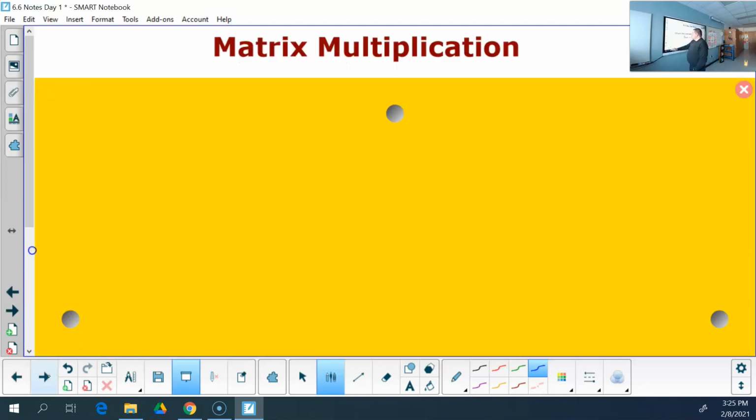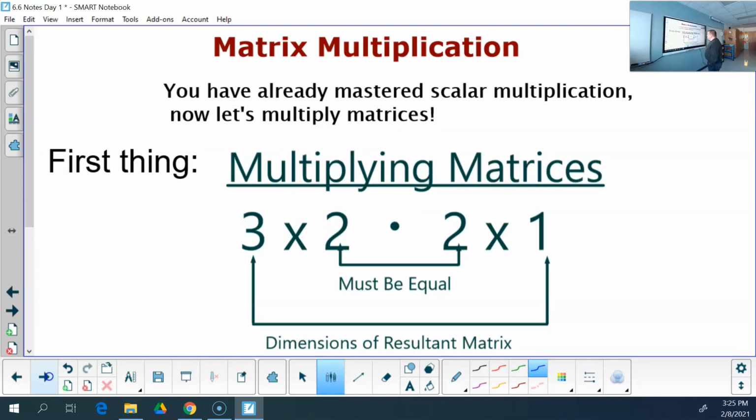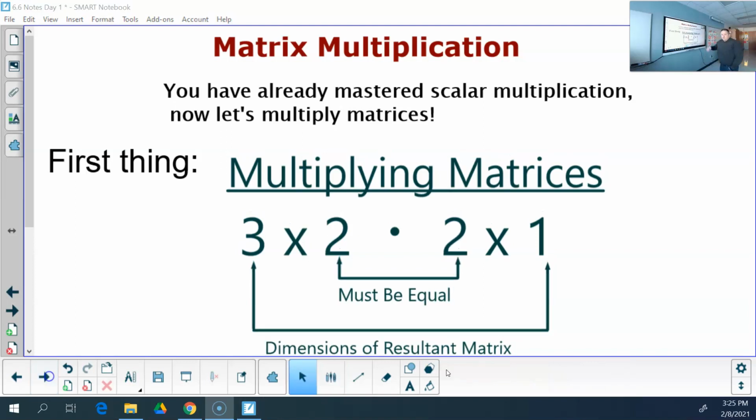So, matrix multiplication is where we are going to start. We did scalar multiplication yesterday, so the first thing that we have to do is look at the dimensions. We're going to multiply matrices. The very first thing we have to do is look at the dimensions, and we work left to right.